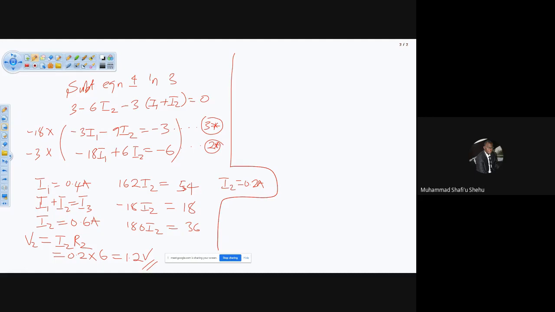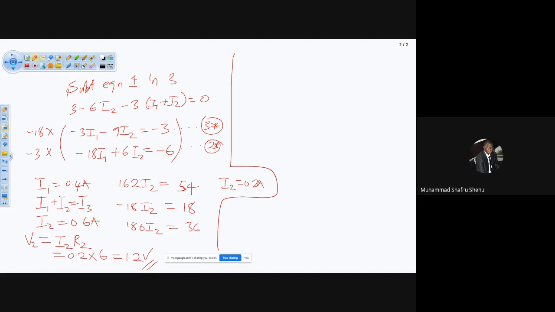That is for mesh analysis. For branch analysis, when you have a resistor in common, you still solve the loops independently without combining the two loops. So there are so many differences that I gave you even during our lecture, which if you have used, you would have gotten your full 4 marks for that particular question.